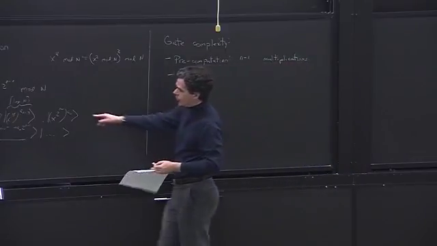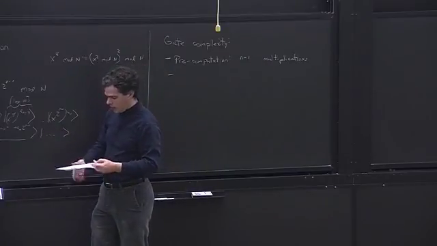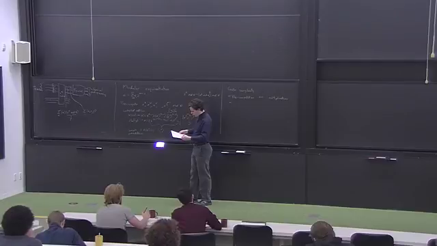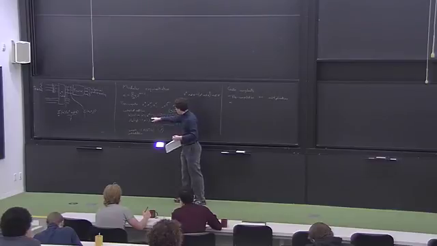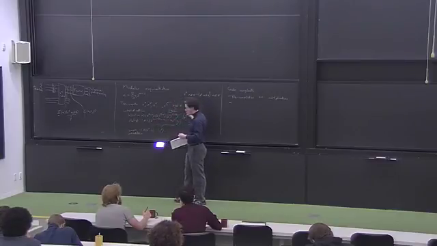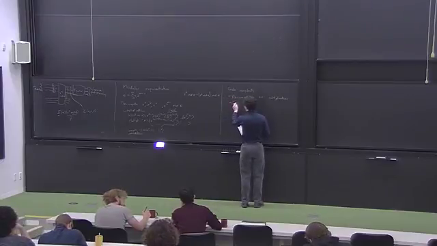Now the controlled addition steps. Is it n minus 1? No, there's n of those, because we have powers 2 to the 0 up to 2 to the n minus 1. So there's n controlled additions.